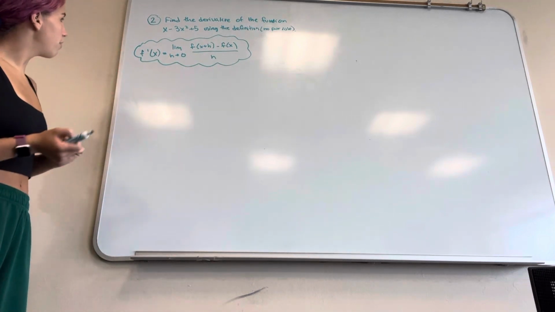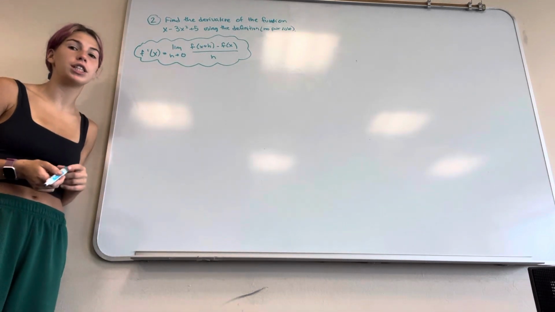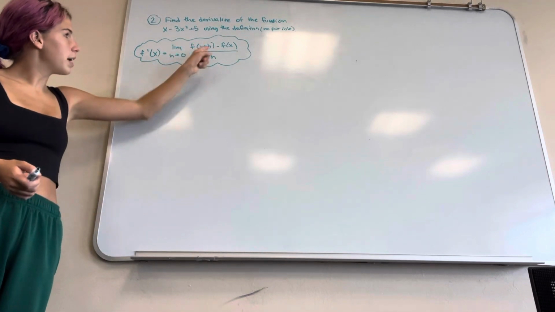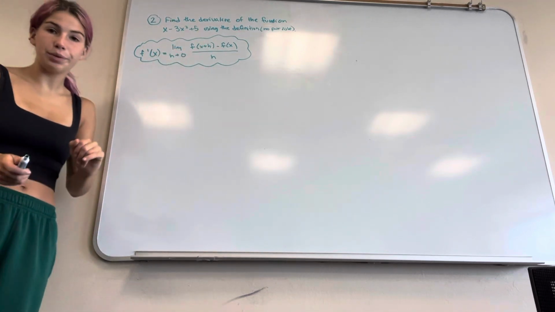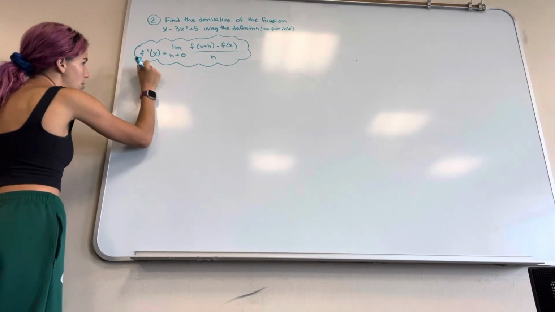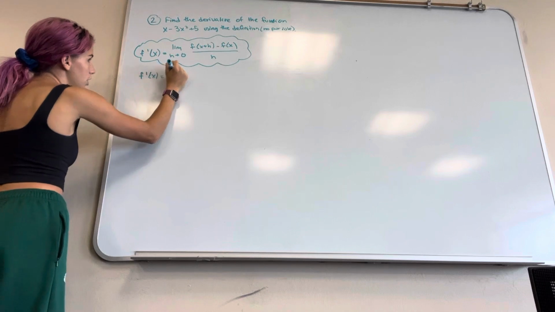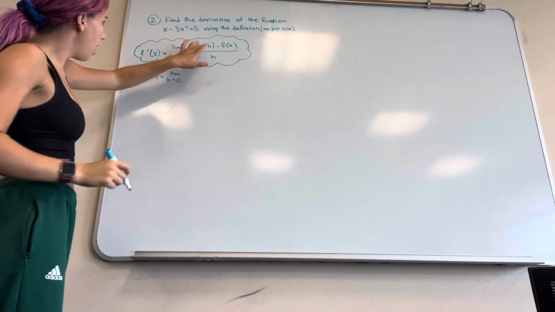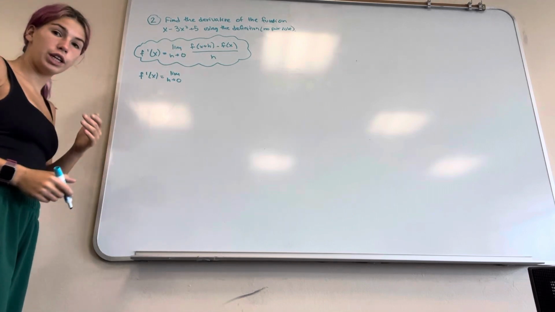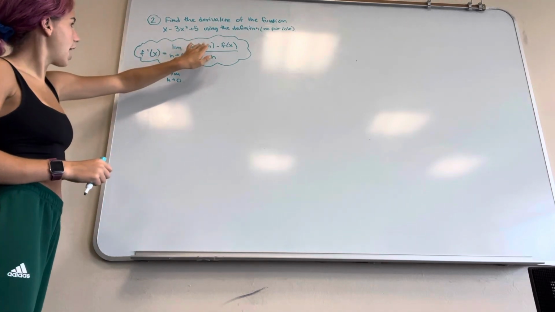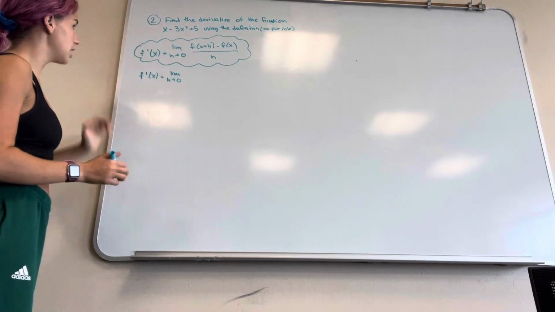So f prime of x is equal to the limit of h approaching 0 of f of x plus h minus f of x, all over h. So we're going to plug in this function now. So I'm going to get f prime of x is equal to the limit of h approaching 0. And then for f of x plus h, it's a composition function, so you're going to put x plus h in for every place you see x in this function.